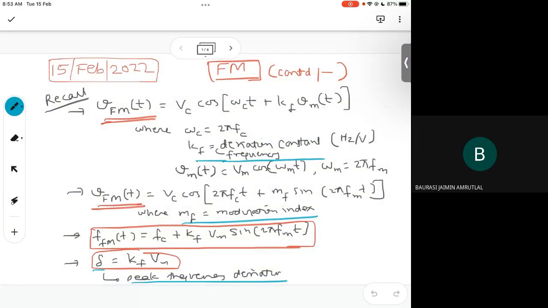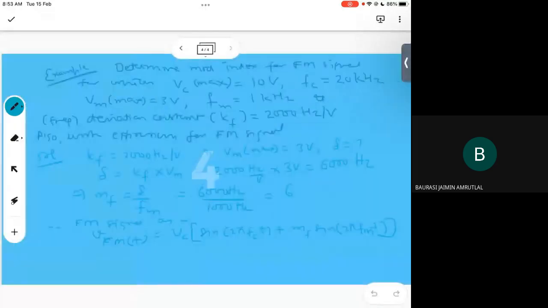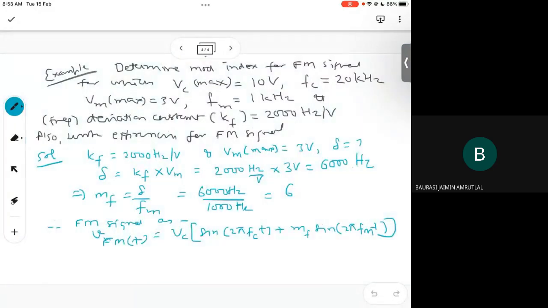So cos and sine are interchangeable. That doesn't matter much, because how you start the initial expression could change. So it could be cos and sine, or sine and sine. That should not be a problem, so not to worry about sine and cos. That depends upon how you express your message signal in terms of sine or cosine, but both are sinusoidal functions.